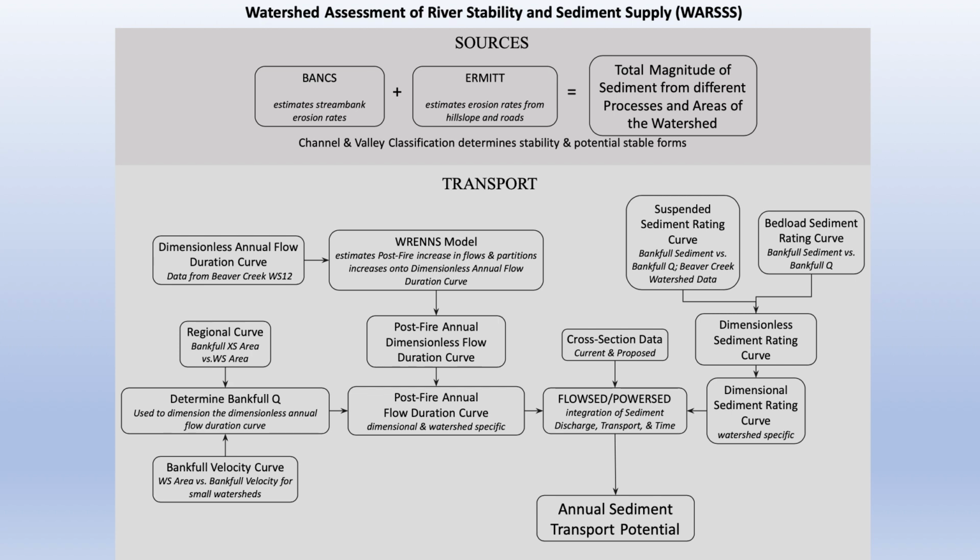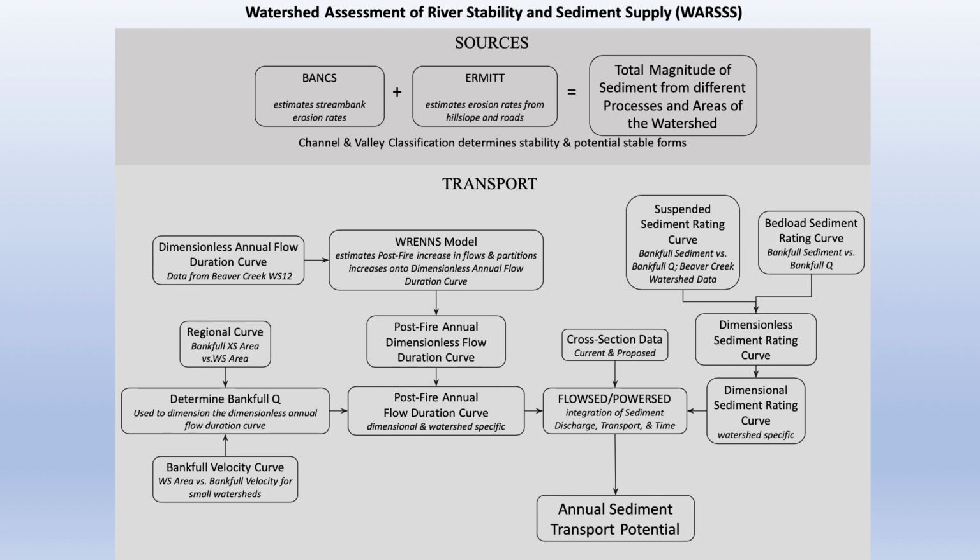The other is hill slope or road processes, and we can use the ERMiT model for that. With that, going over the whole watershed, you can model the total magnitude of sediment from these different processes, weigh them relative to each other, understand what the major sources are, and where you need to put your limited time and funding towards addressing that.